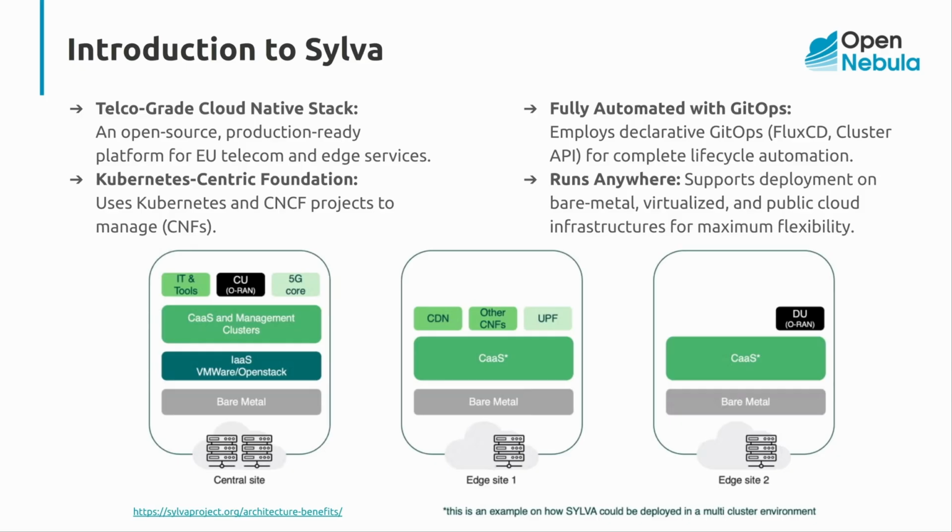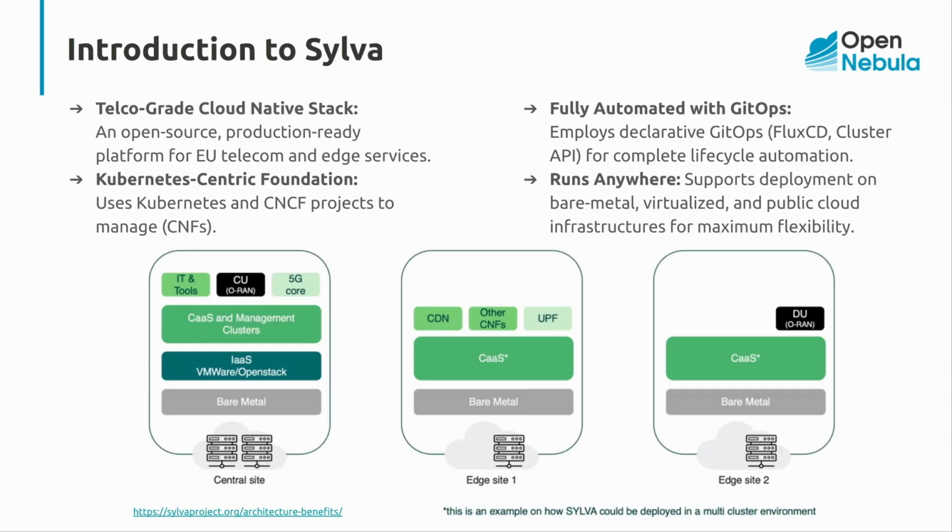The Sylva stack is designed to be modular and flexible, supporting many deployment scenarios across different cloud providers and bare metal servers. In the figure on the screen, you can see an example of the Sylva deployment. At a central site, the bare metal servers are provisioned with a virtualization layer managed by an infrastructure as a service provider.